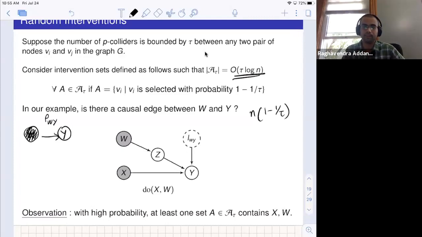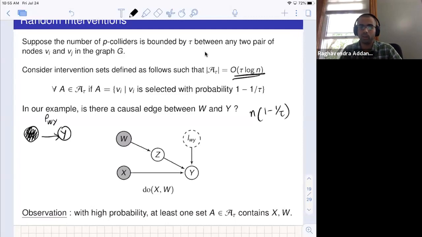If we identify one such set, using the previous argument which I showed, we can block by conditioning on all the ancestors and recover that W is not a parent, but it's an ancestor.